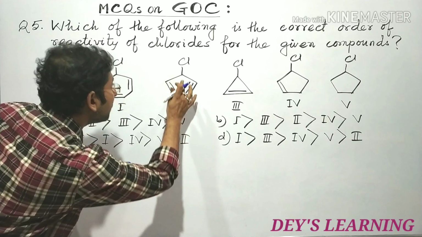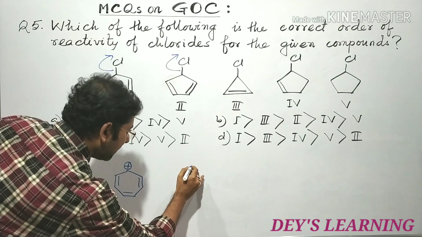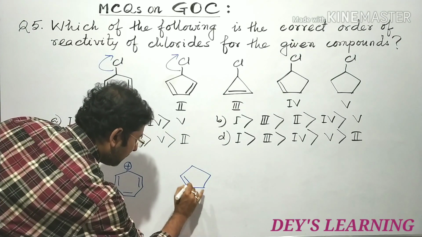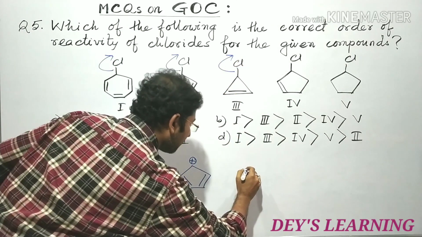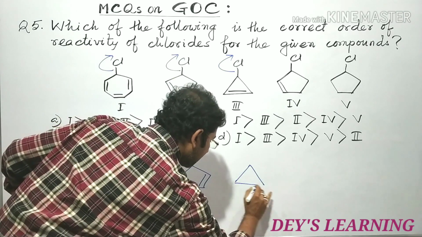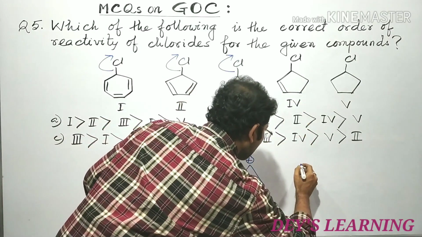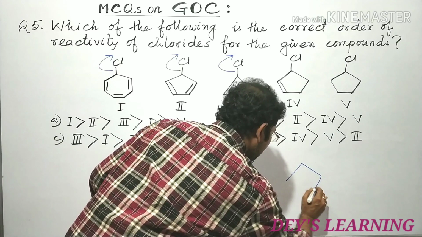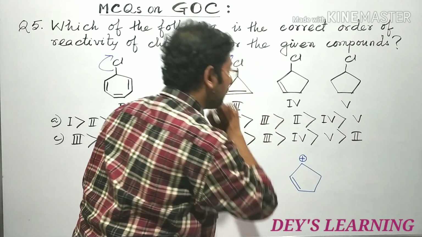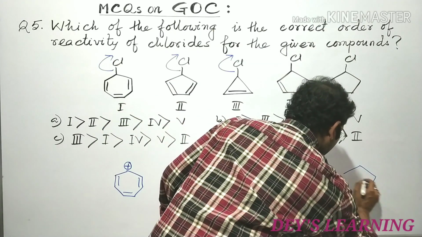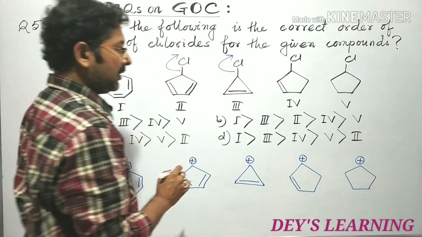If we remove Cl minus from here, in this way, you will get this carbocation. Removing Cl minus from here, we will get this carbocation, and by removing Cl minus from here, we will find this carbocation.